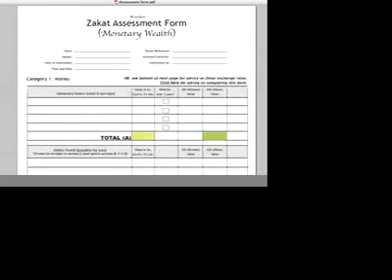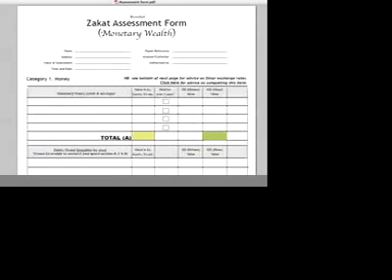Unlike the other two categories, where the assessors and collectors would turn up at the appointed place, at the appointed time, count and take with them what they need, when it comes to zakat on monetary wealth, we have to rely on the honesty and integrity of the person being assessed, because it is hidden wealth.